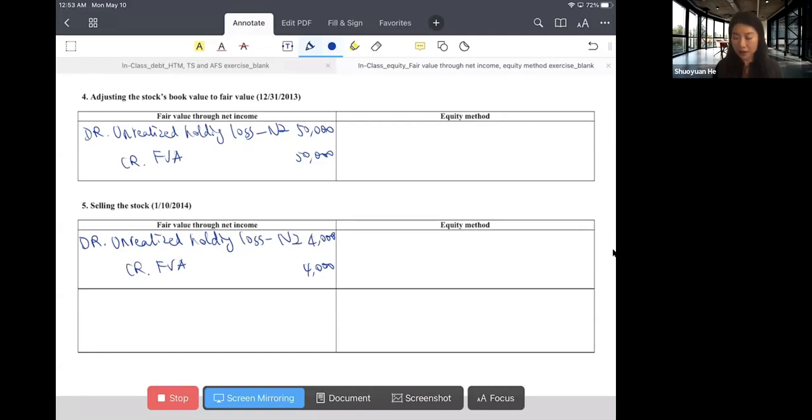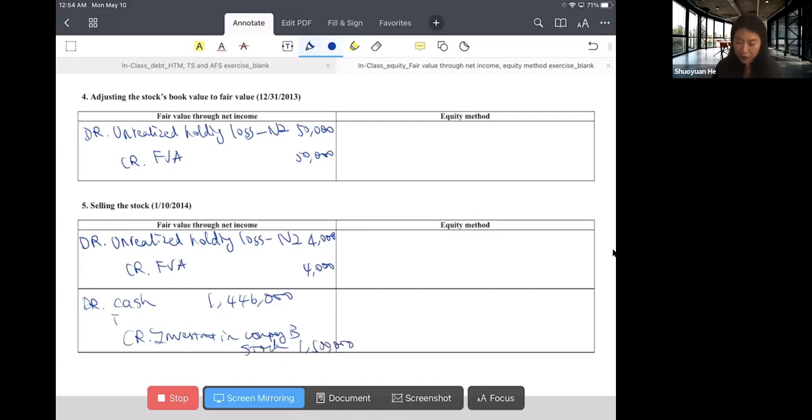And then we need to remove any investment related accounts. So we get cash 1,446,000, and we credit investment in company B stock for 1.5 million.